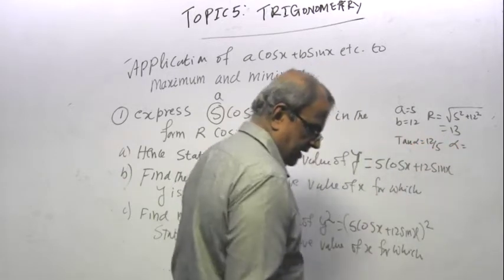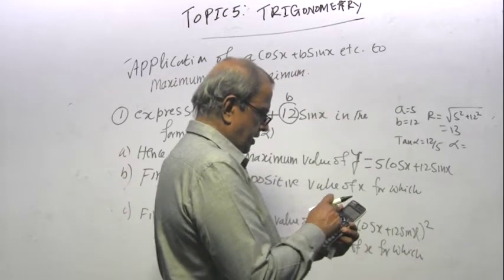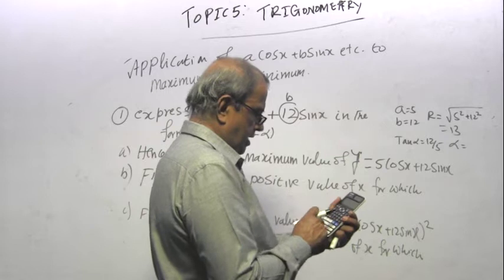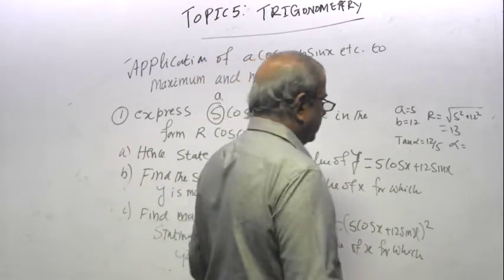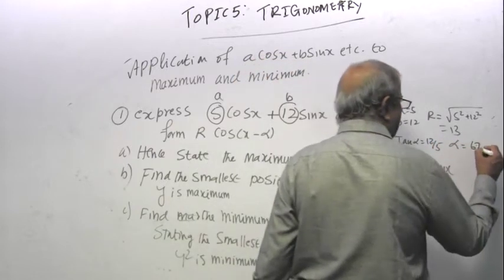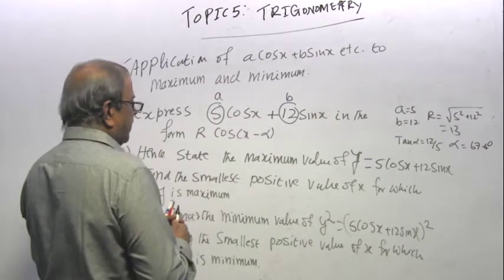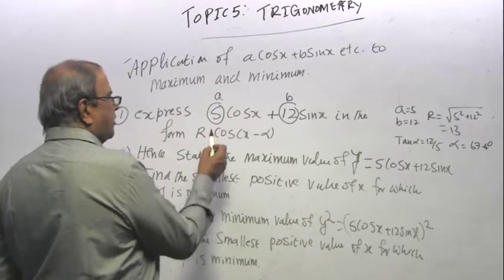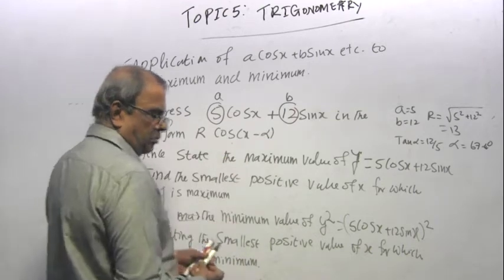So alpha is shift tan 12 divided by 5, 67.4. That rings a bell. Doesn't matter. So therefore, I can straight away write this as 13 cos(x minus 67.4).